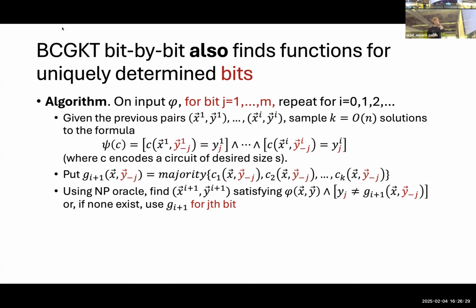I could just use this for a single bit. Let me provide the other bits of my witness as inputs to the circuit, and just try to pick out witnesses for single bits given the rest of them. And if I do that, I can replace that with a Skolem function, and then iteratively try to prune off bits that I can predict.